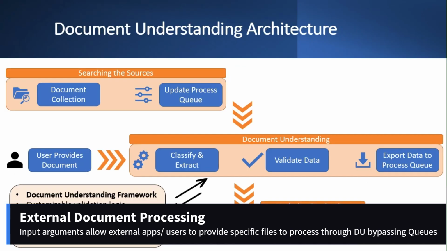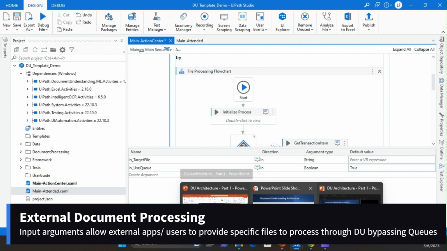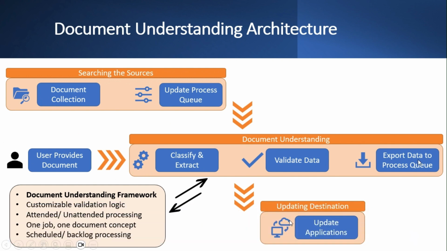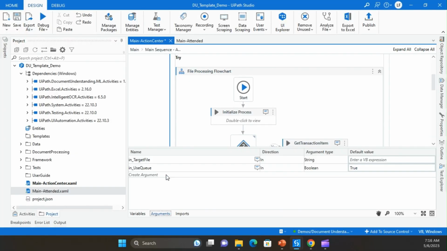So this refers to the structure that we spoke about in the first part, where a human can get involved and process only this document processing flow. So it is designed to do that.